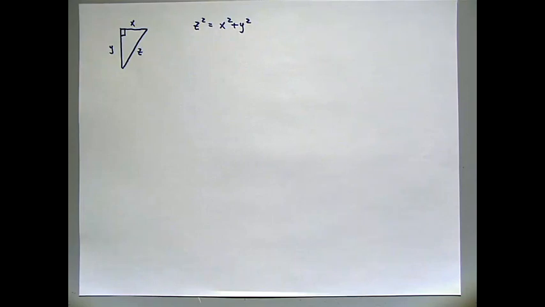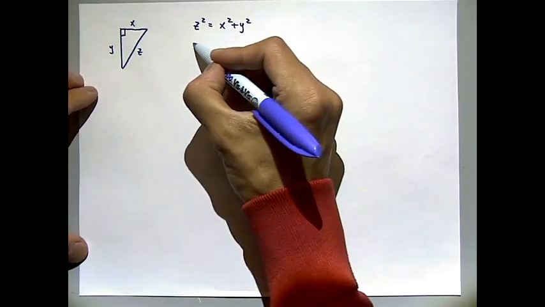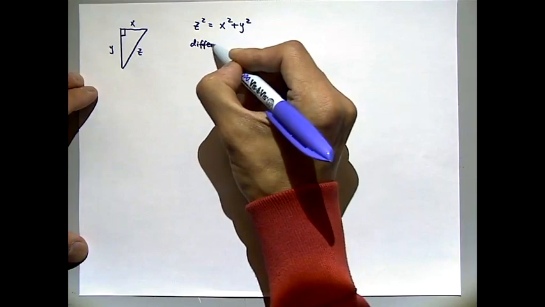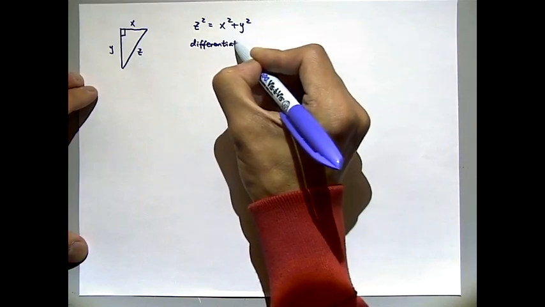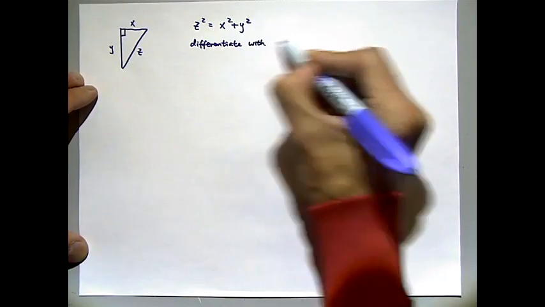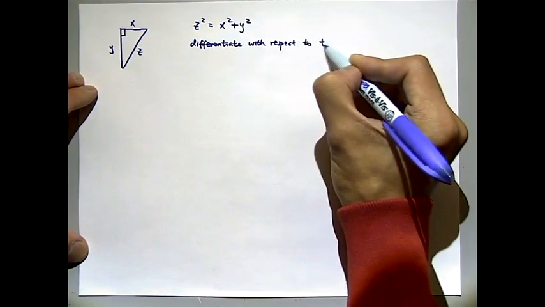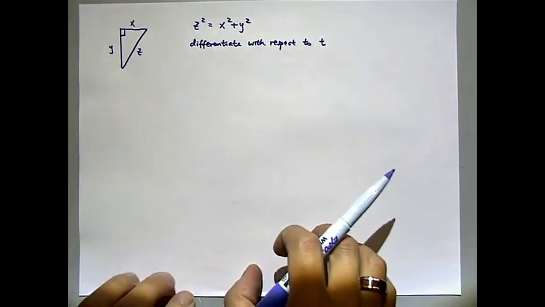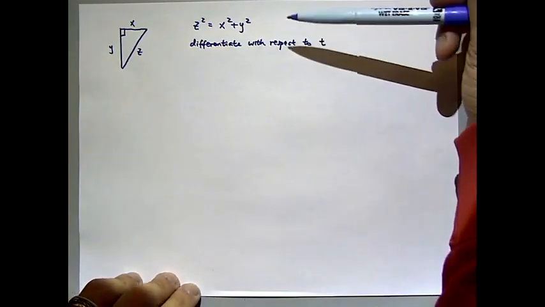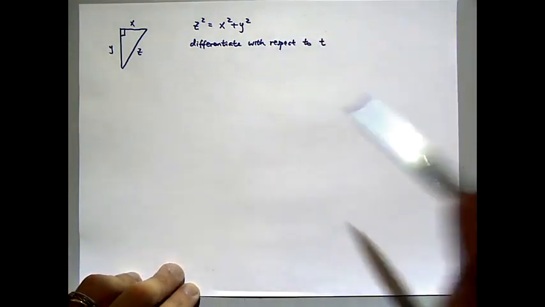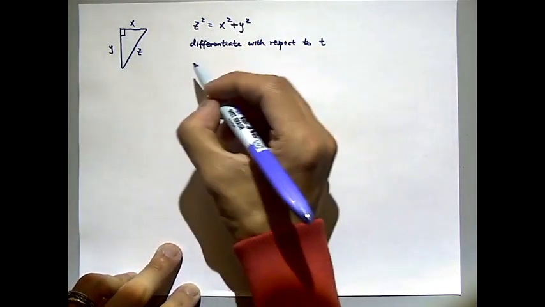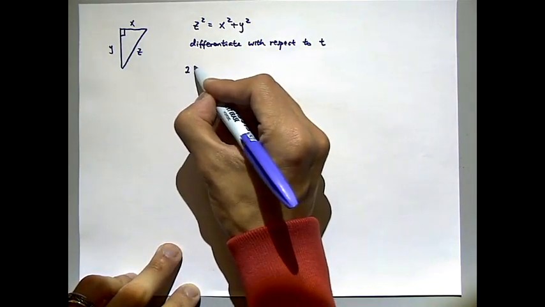Let's take the derivative with respect to time. Here we're going to use implicit differentiation. The derivative on the left side is 2z.